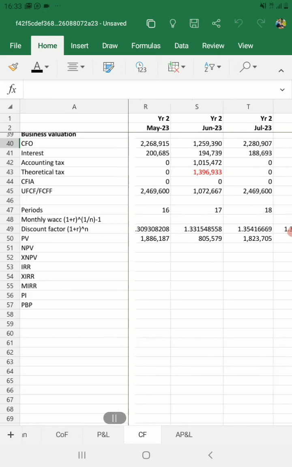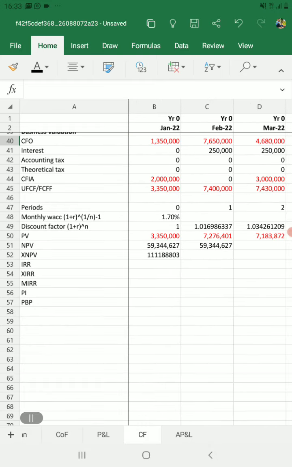Let me see my formula again, if it has captured rightly.